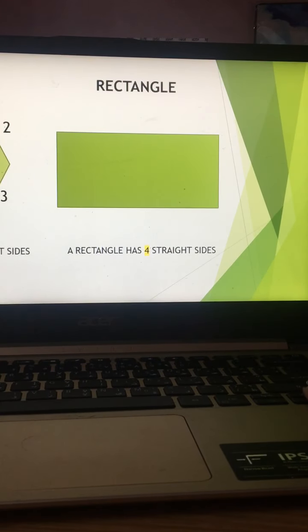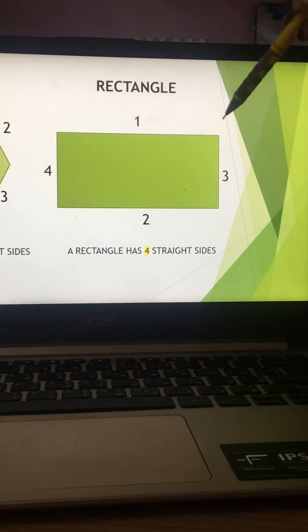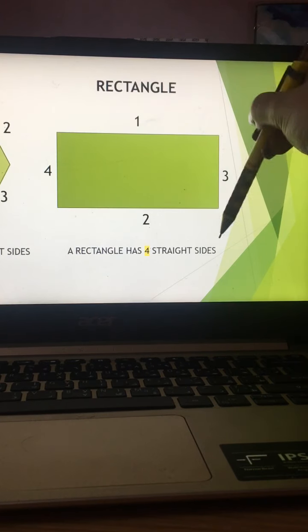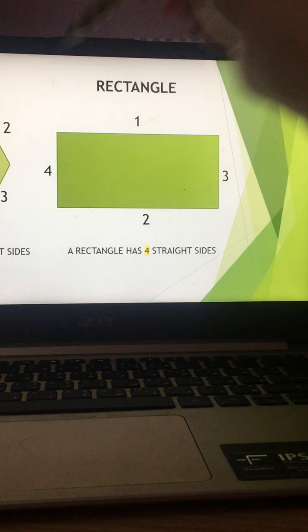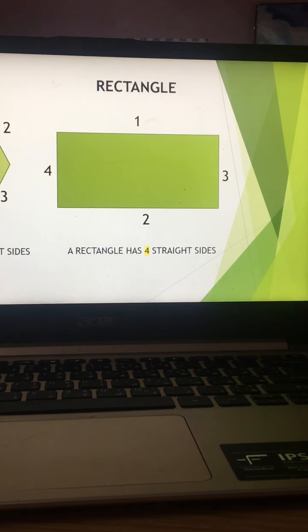Let us count together: the first, second, third, and fourth. These are the 4 straight sides of the rectangle.